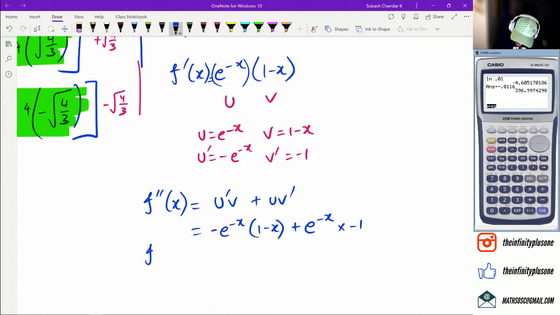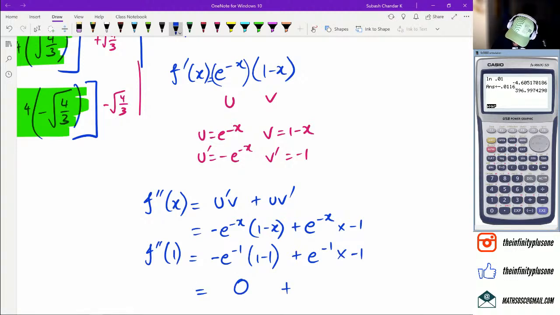Now, if I substitute 1 in there, then I'm going to get negative e^(-1) times (1 minus 1), plus e to the power of negative 1 times negative 1. This is going to be 0, and this is going to be negative e to the power of negative 1. So at this point, I need to figure out what this is.